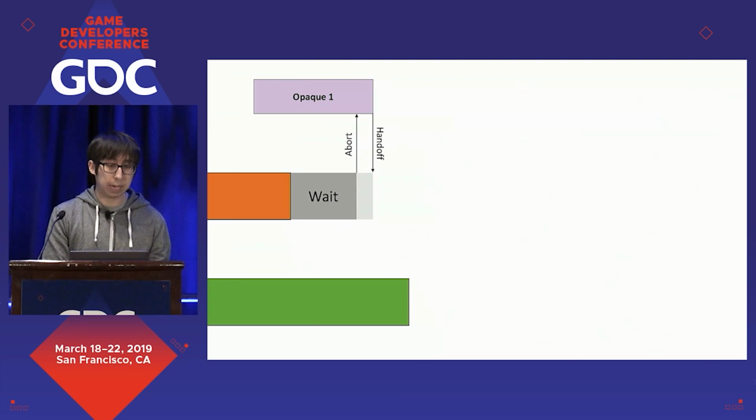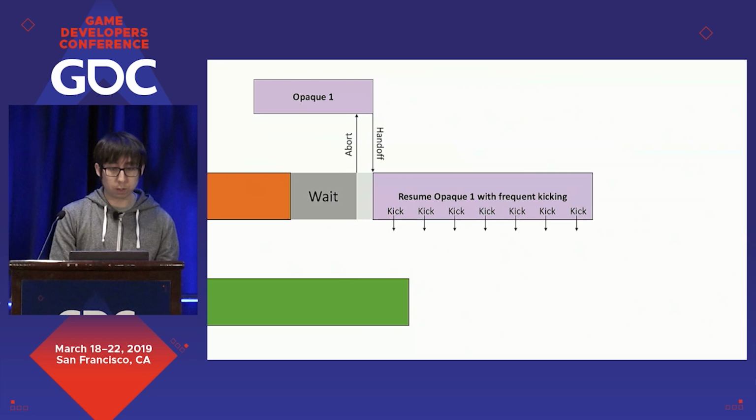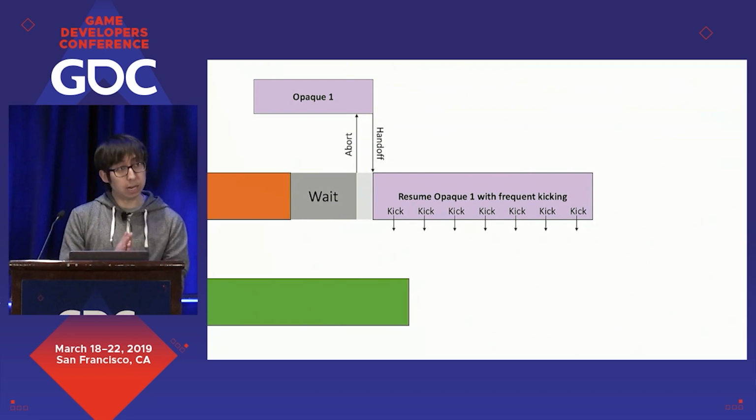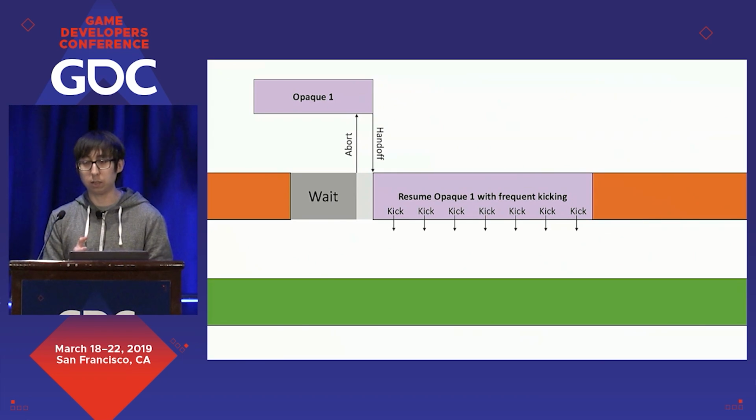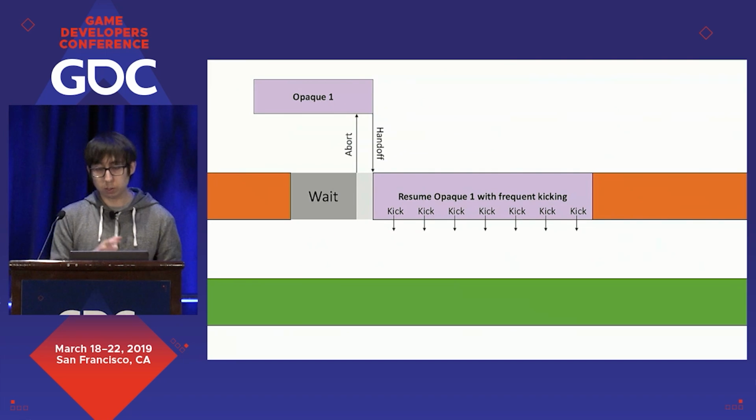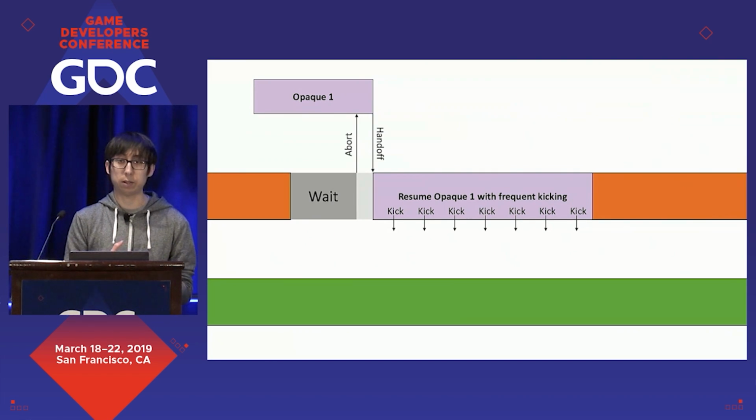Then the submission thread takes over the job and performs all of the work that the job would have done. But this time, instead of kicking only at the end of the job, it kicks much more frequently. By kicking more frequently, the GPU gets spoon-fed bits of work a little sooner than it would have had we waited for the job to finish. This comes at the cost of extra CPU overhead due to frequent kicking, but it reduces the impact of bubbles or avoids them altogether.